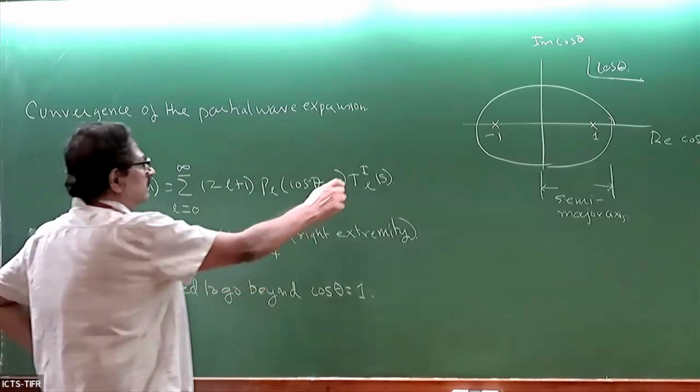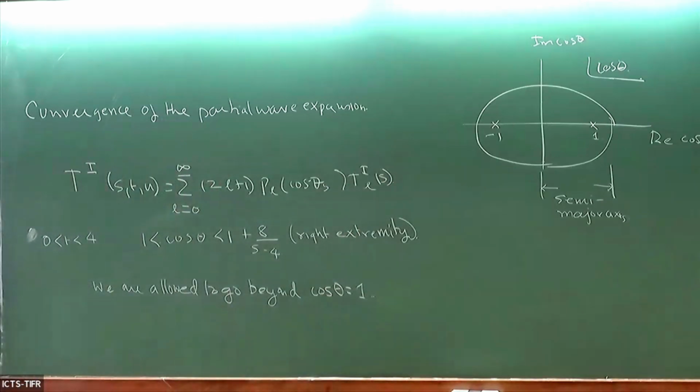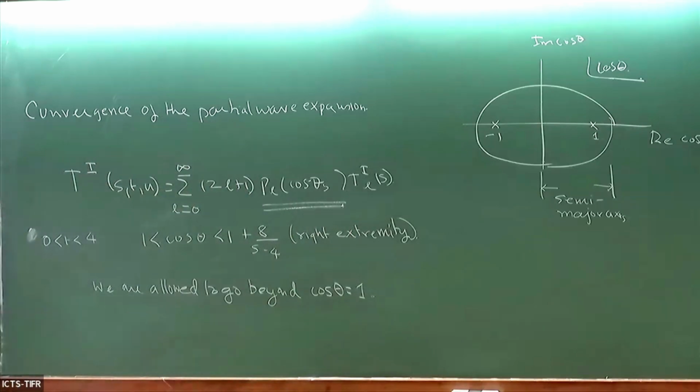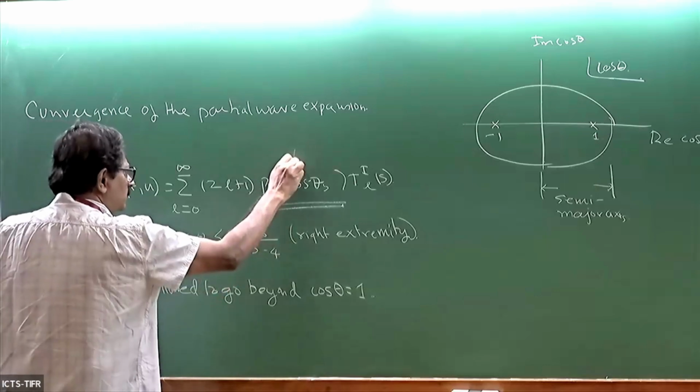Now this is a function which is only a function of the energy, and it has a label L, but all the information about the angular behavior of this amplitude is coming from which object? It's coming from this P_L, which is the Legendre polynomial. Not only is it coming from the Legendre polynomial, all that I talked about under this had to do with where this thing converges for the values of the arguments of this Legendre polynomial.